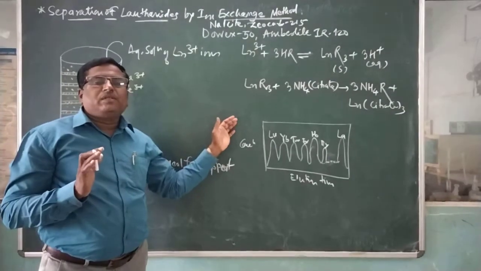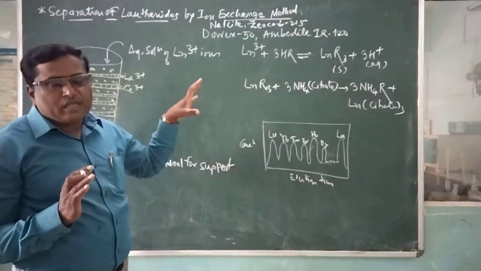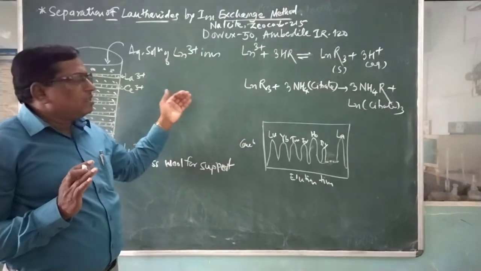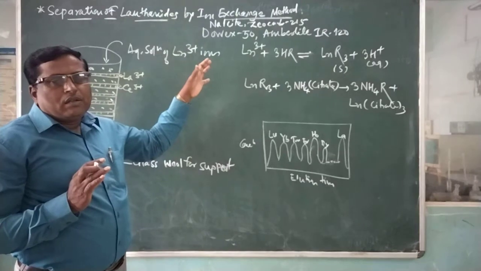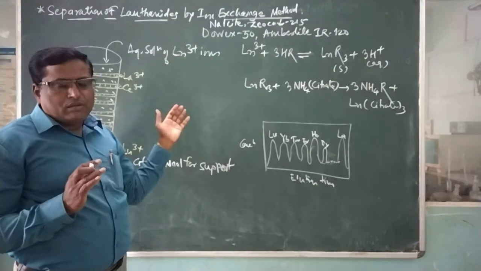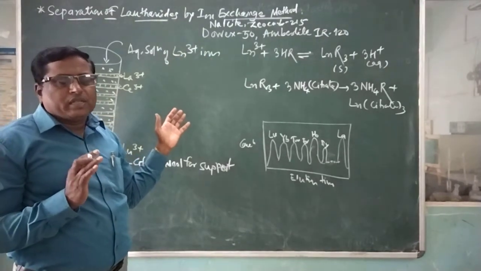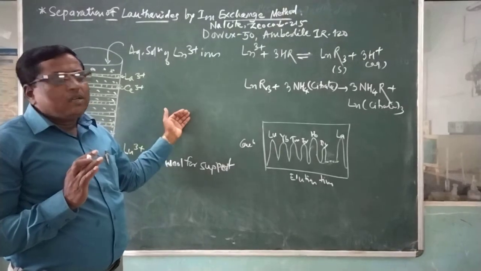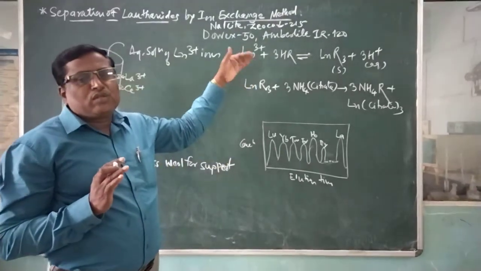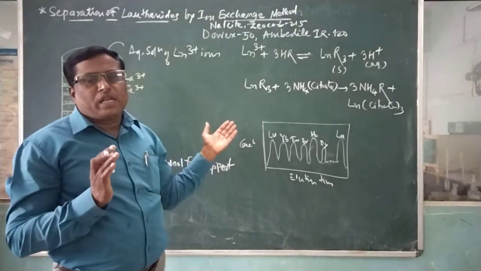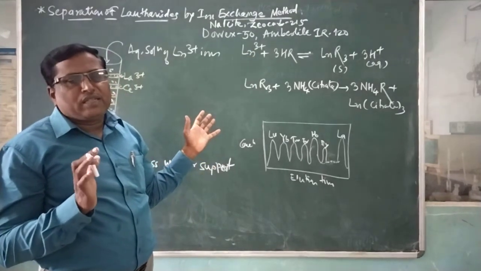Again, basicity and size decrease. When we go along, these ions show selectivity in increasing order as the size of the cations, the size of the lanthanides, decreases.